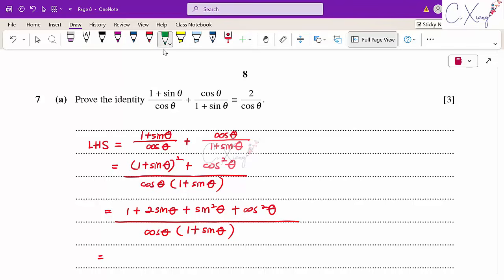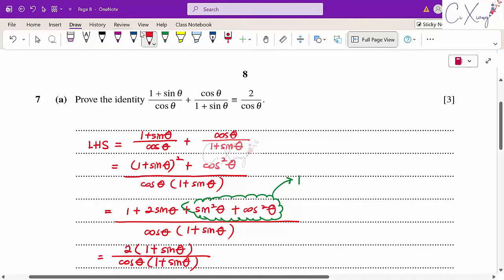How can we simplify it further? You should know that we learned one identity before: cos squared plus sine squared. What do I have here? It equals 1. So this whole thing equals 1, and 1 plus 1 gives 2. Then 2 plus 2 sine theta, you can factorize out the 2, and it becomes 2 times 1 plus sine theta, divided by cos theta times 1 plus sine theta.